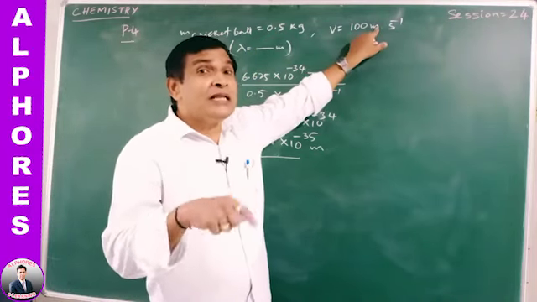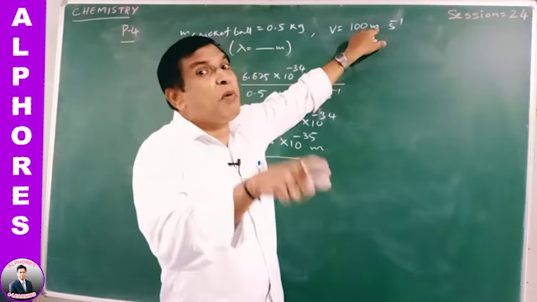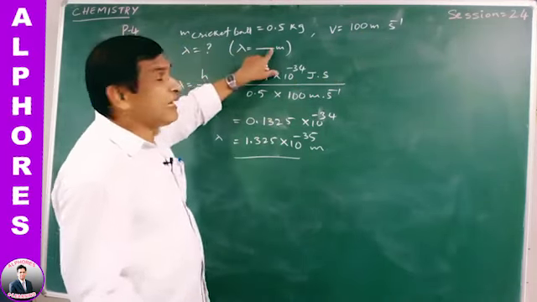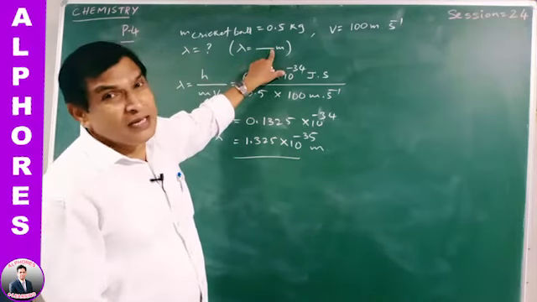Calculate the wavelength associated with the ball. I repeat the question: calculate the wavelength associated with the ball in SI units, because the options are given in SI units.